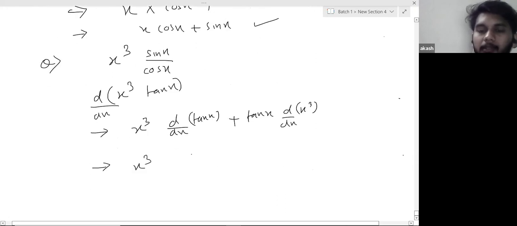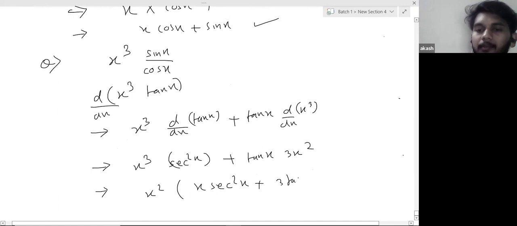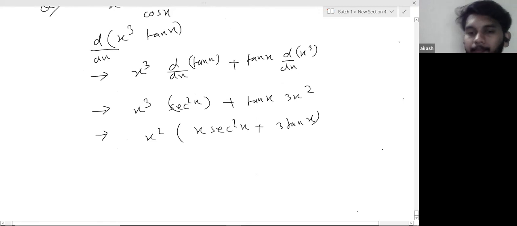So x cube, differentiation of tan x is sec square x, plus tan x into differentiation of x cube is 3x square. So this will be your answer. Taking x square common, we can get x square times x sec square x plus 3 tan x. All right, Arsalan, this is clear.